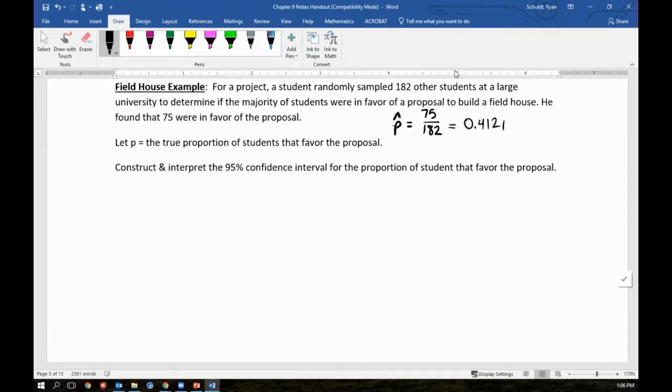Now we don't want to just jump into a confidence interval with our method. We have to check to make sure we have a large sample. Which means, if we remember right, n times p hat and n times 1 minus p hat must be greater than 10. We've got to check each of these.